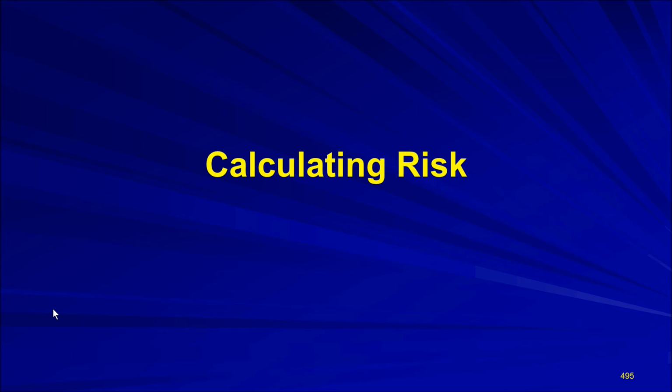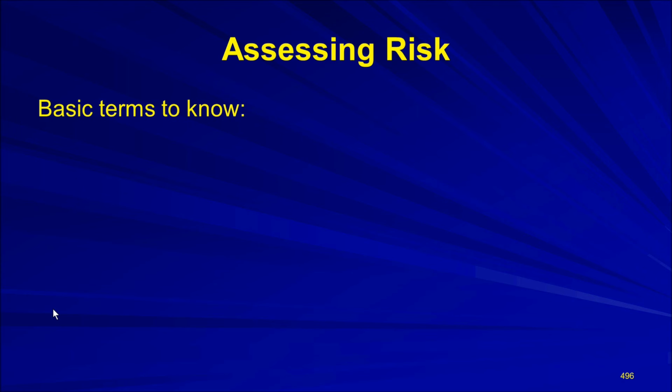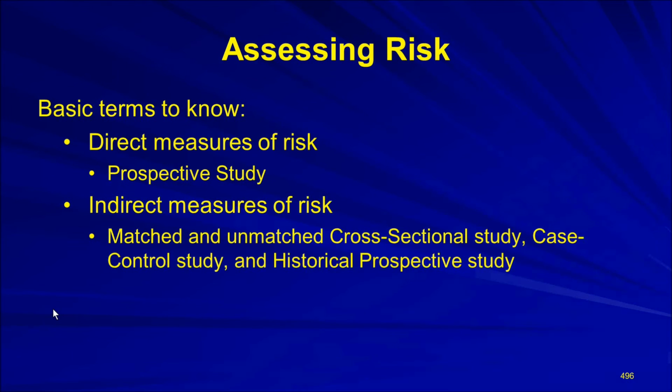And of course, the Cadillac study, the prospective study, you calculate the most statistics for it as opposed to a case control study, a historical prospective study, or a cross-sectional study. Okay, now, when we talk about calculating risks, there are two basic terms to know, and these have to do with direct measures of risk and indirect measures of risk.